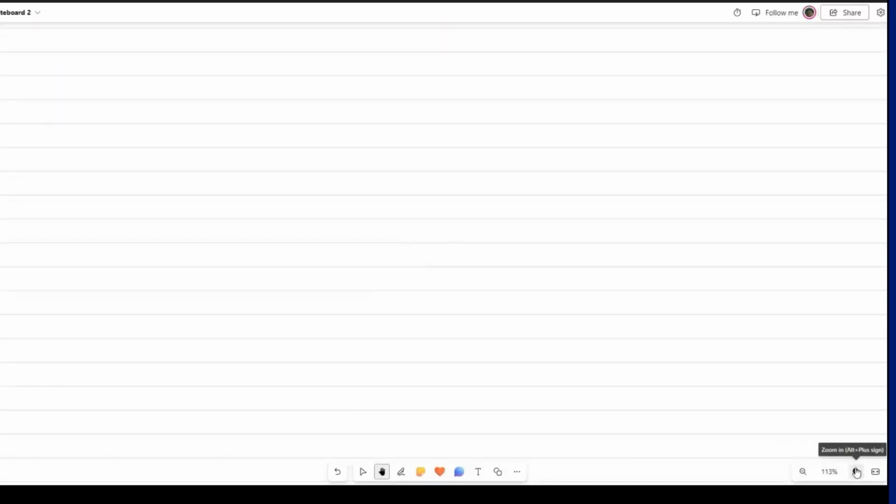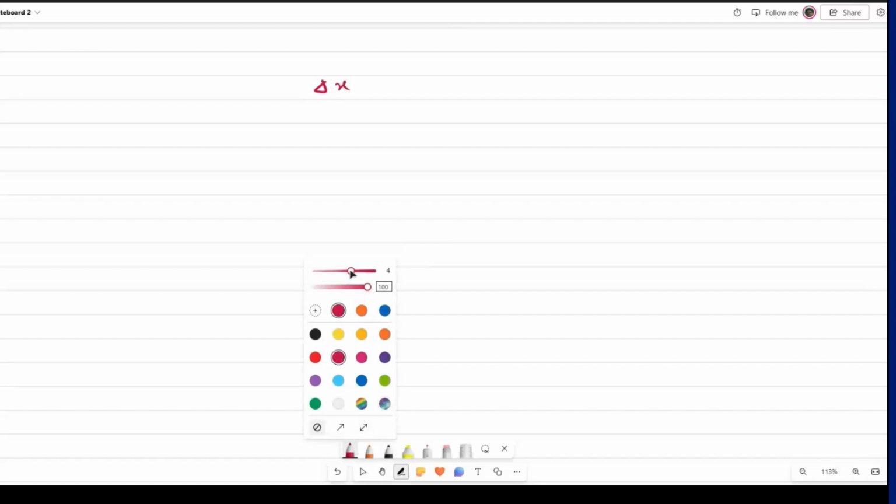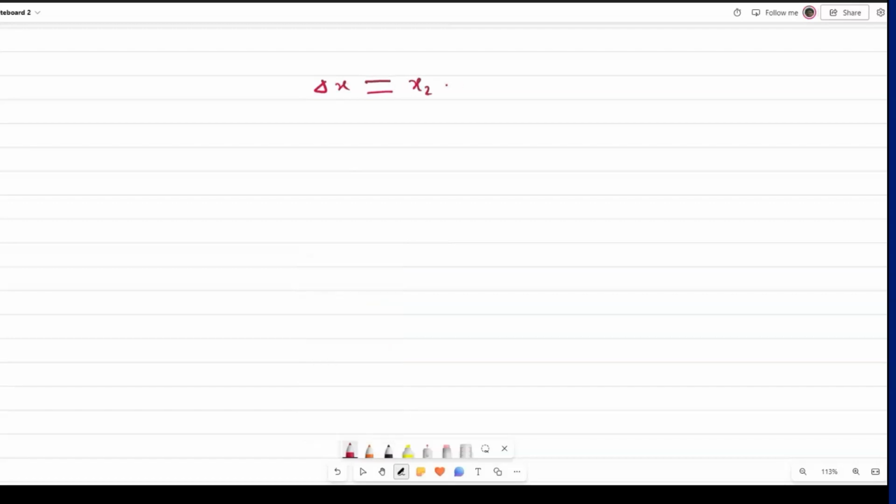In mathematics, this quantity delta x, in physics also, we'll be using this. Delta x stands for change of x. This is equal to x2 minus x1.